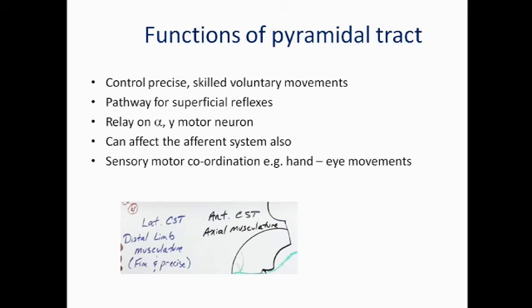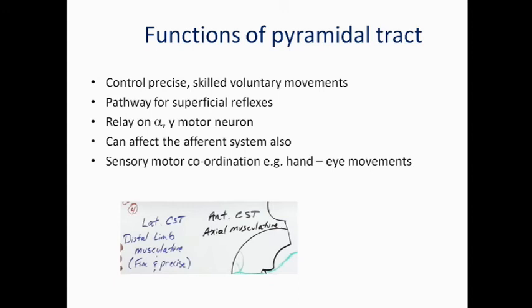You can name reflexes. So please name some of the superficial reflexes if you remember. That is the main function, relaying information to the alpha and gamma motor neuron. If it does not relay its information to the alpha and gamma motor neuron, there will not be any action at the skeletal muscle. It can affect the afferent system also.